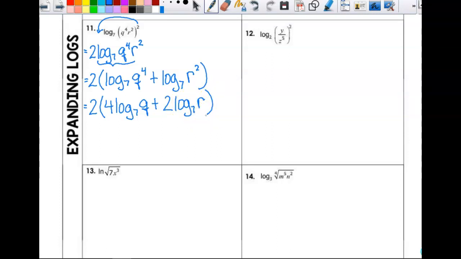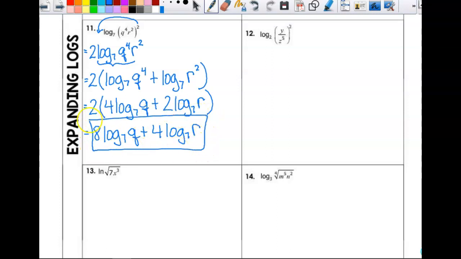Then my last step is to distribute, and yes, I have to distribute because I'm expanding it completely. 8 log base 7 of q plus 4 times log base 7 of r. Okay. What questions do you have?